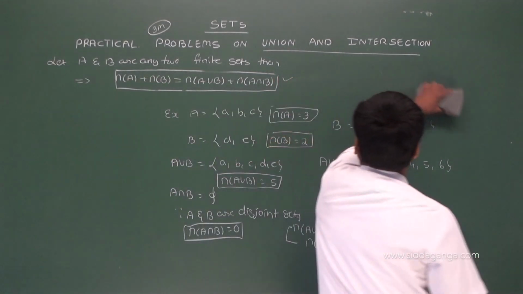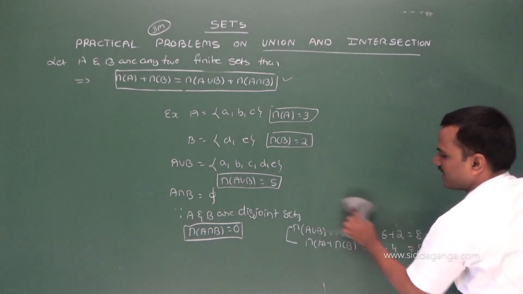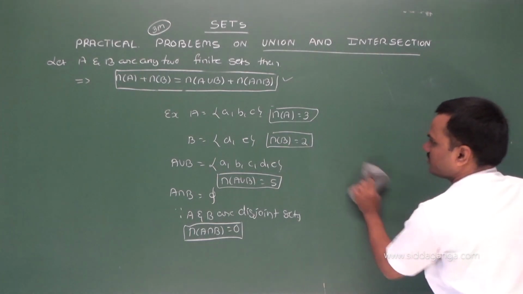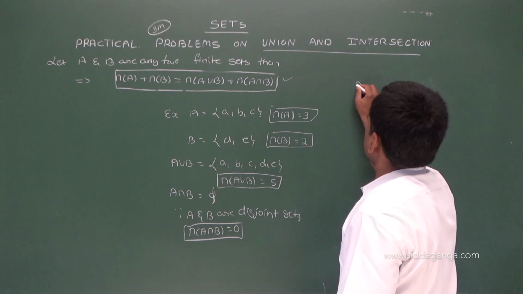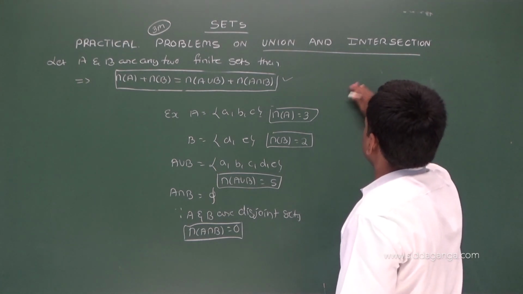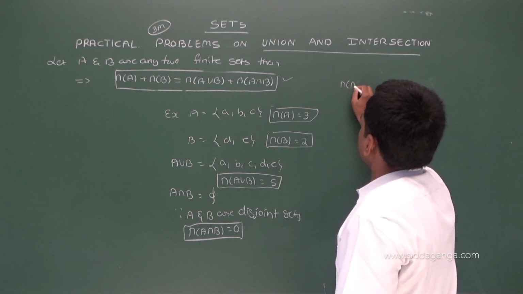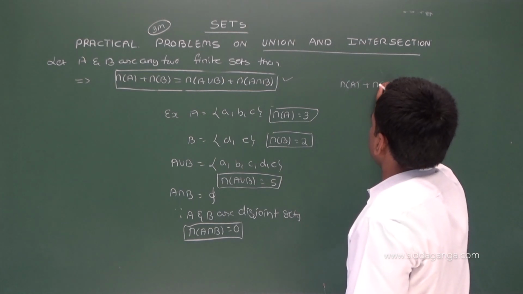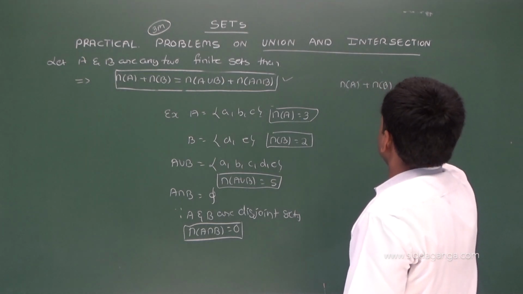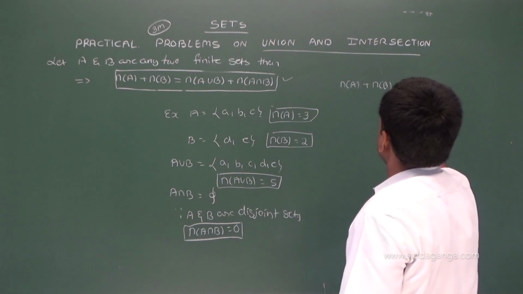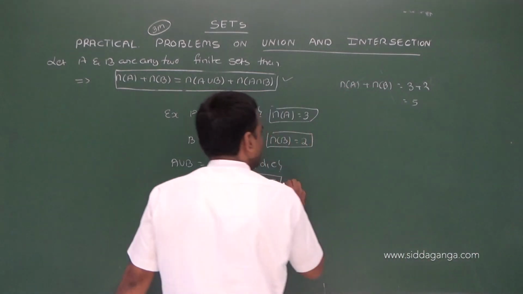So what we do? We add n of A plus n of B: 3 plus 2 is 5.